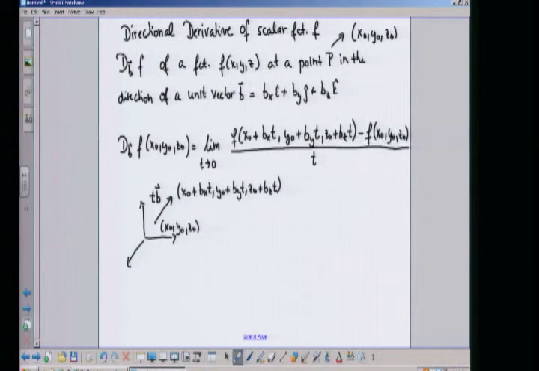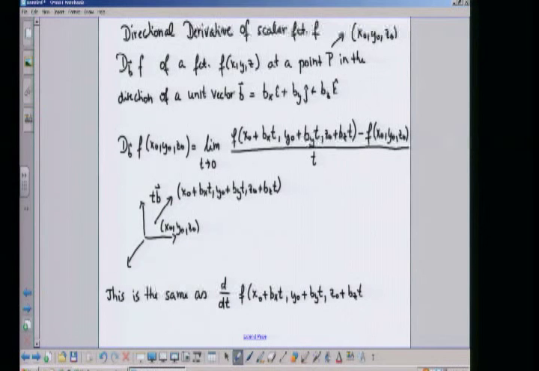Let us derive another form of this directional derivative, so we can note that this is the same as the derivative with respect to t of f of x0 plus bx t, y0 plus by t, z0 plus bz t, okay?